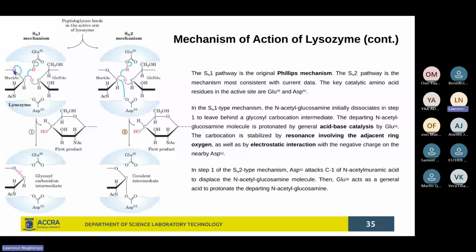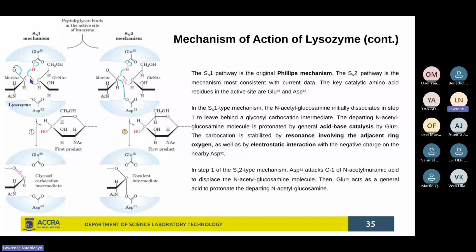But you see that the hydrogen that is in the carboxylic acid group of glutamic acid is also having that sort of electrostatic interaction with the glycosidic bond. In both cases, you see that happening.